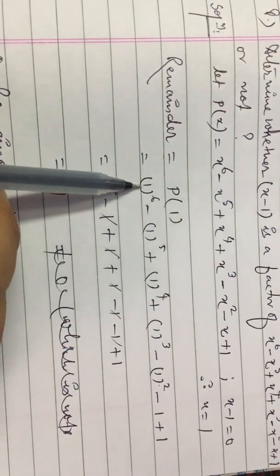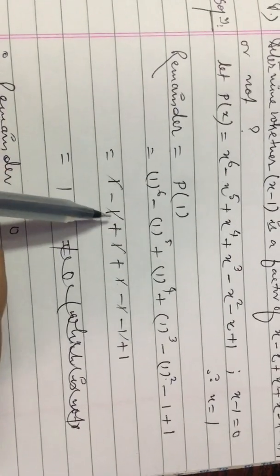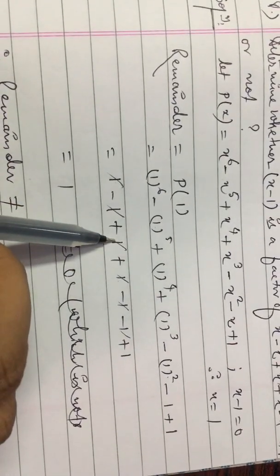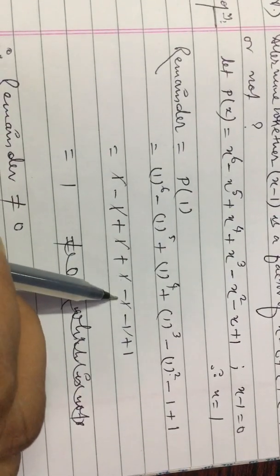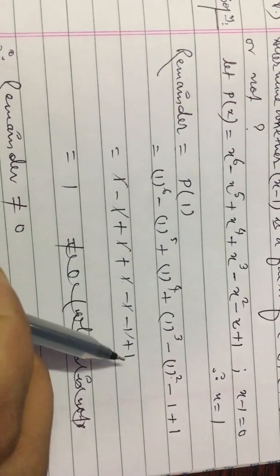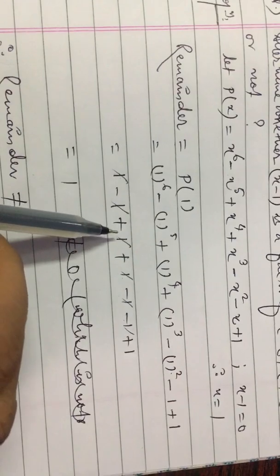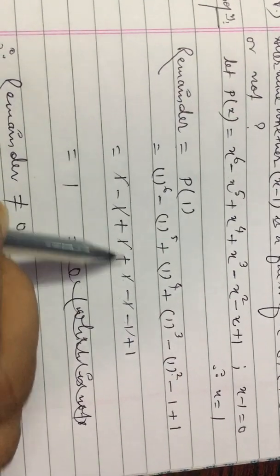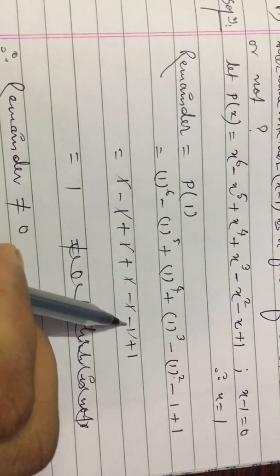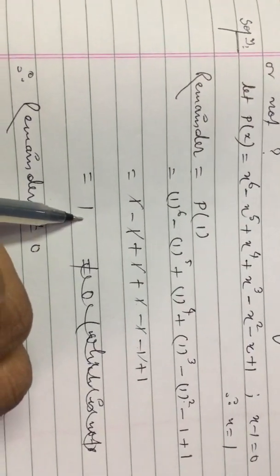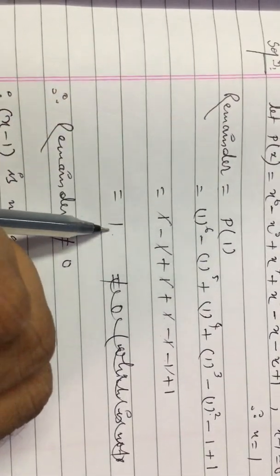Plus and minus cancel, plus 1 minus 1 cancel, plus 1 minus 1 cancel, and plus 1 will be left. See, in this case the remainder we are getting is 1.